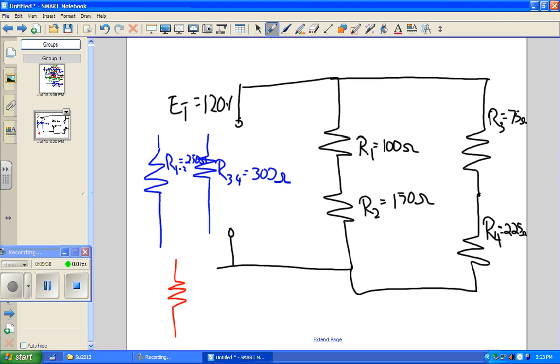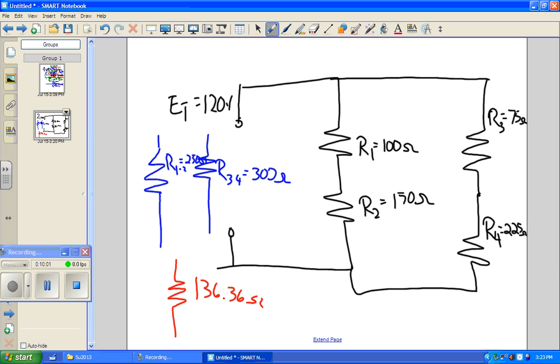So we're going to have to add 250 x to the minus 1 plus 300 x to the minus 1 is equal to, x to the minus 1 is equal to 136.36 ohms. Now that's our total resistance, right?